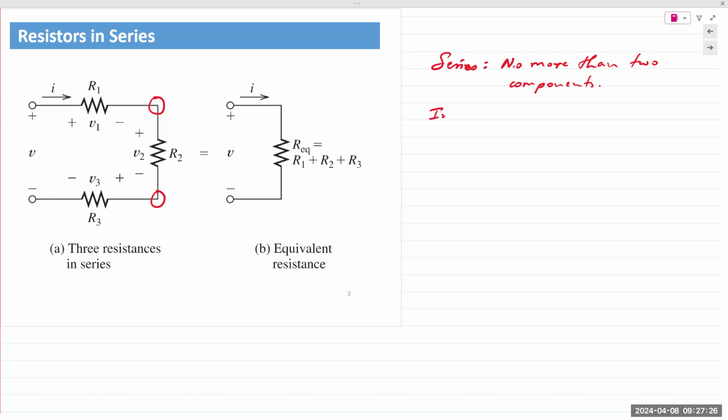And you can have infinite components all connected in series. As long as every single component in the middle is connected in series, we can state that all components in that connection are in series between the outer two terminals.